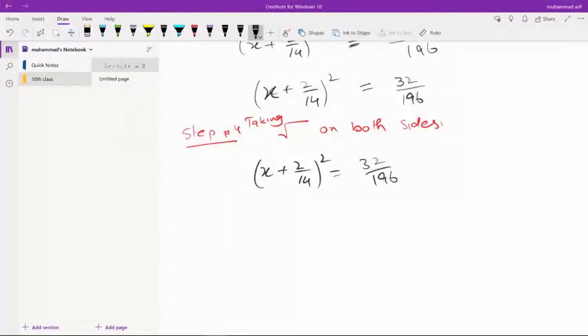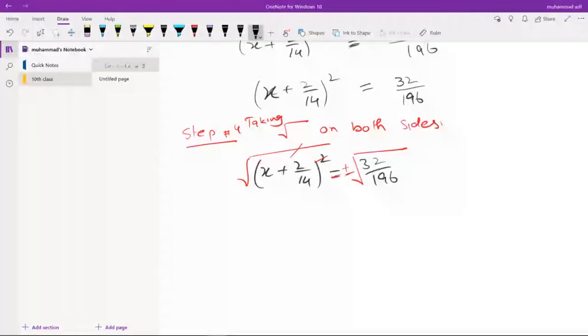When we take square root on both sides, this square is cancelled by this square root, and we use the plus minus sign on the right hand side, because square root is a function whose answer is plus minus.